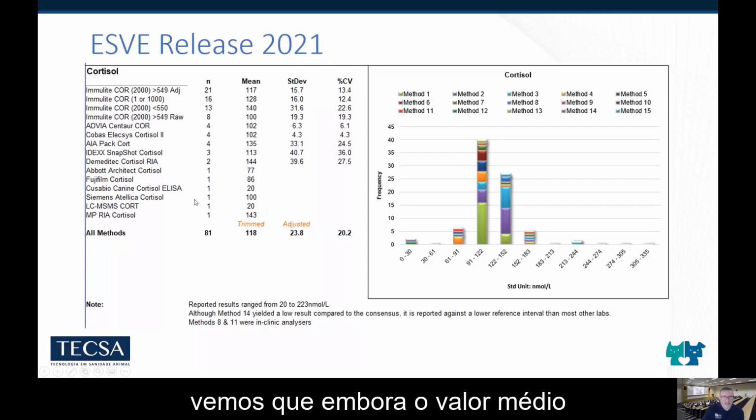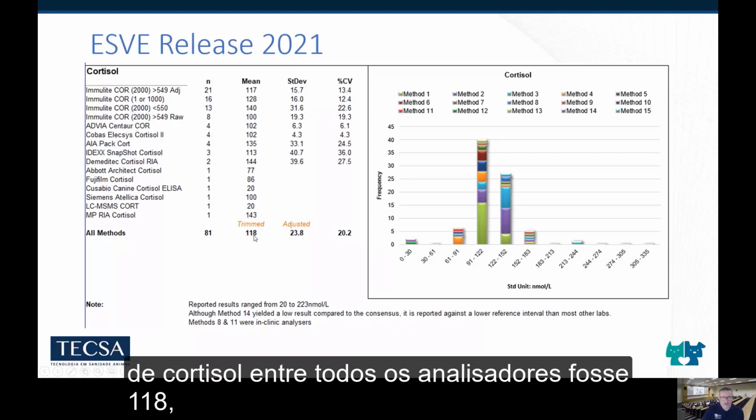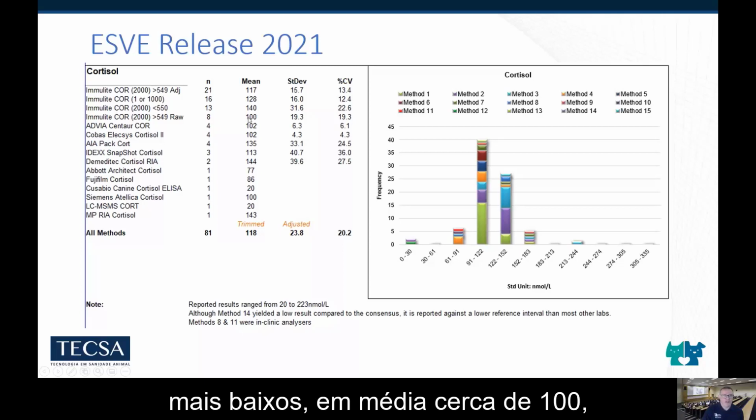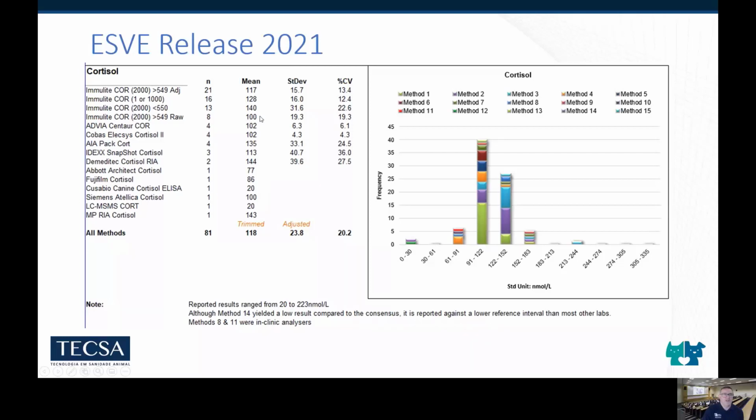And so we can see, again, although we had an average value for cortisol across all the analyzers of 118, some of the newer users of the new method are generating lower results on average, here about 100 or 117, compared to those that were using the previous method at around 140 or so.